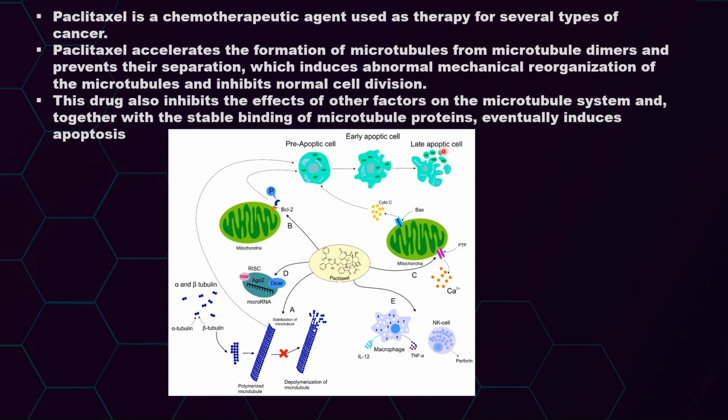So this drug not only leads to mitotic arrest, not only stops cell division, but also induces cell death. So for paclitaxel, P is 2, that is it inhibits microtubule depolymerization.